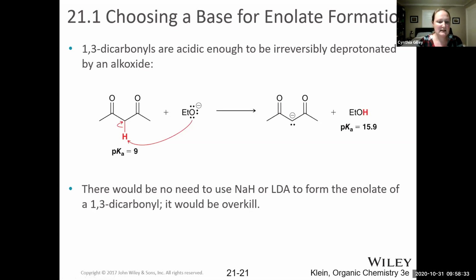There would be no need to use a strong base like sodium hydride or LDA to form this enolate. Essentially, it would be overkill because a much simpler base like hydroxide or ethoxide is sufficient to produce the enolate without need for a stronger base.